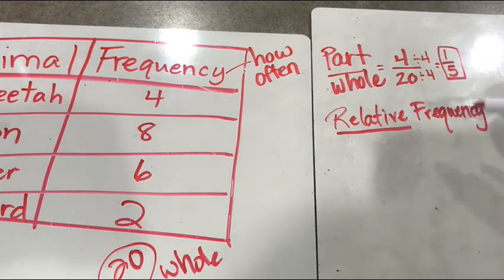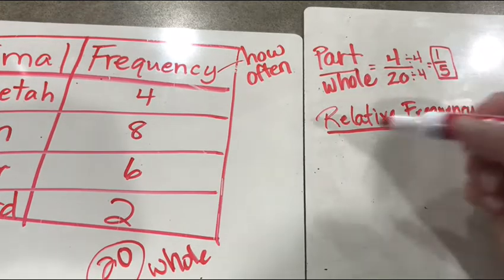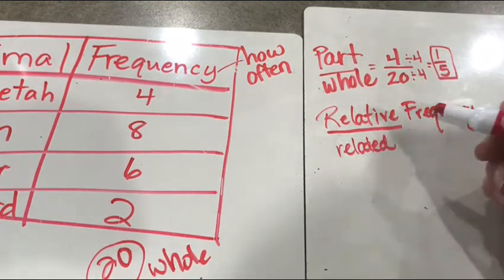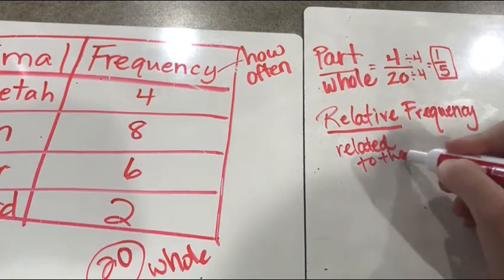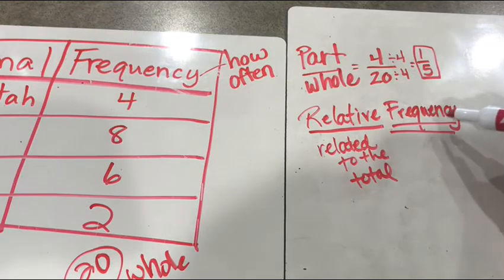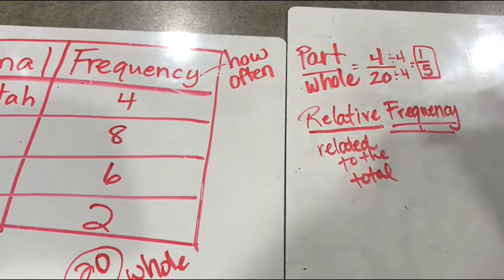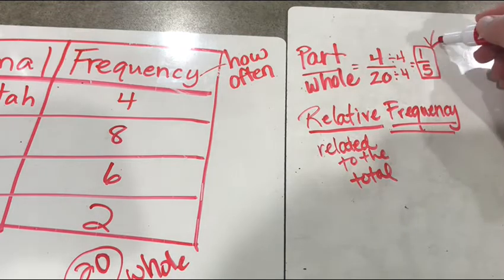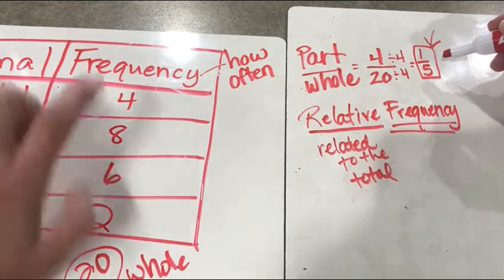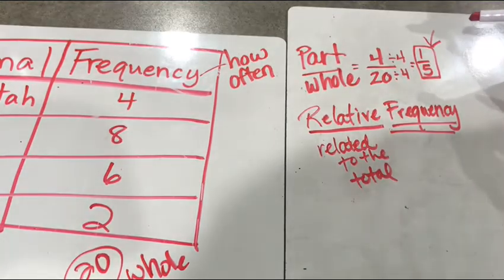But relative frequency, what relative means is it means that it's related, okay? It's related to the total. Okay, so how often does something happen? What is the frequency related to the total? All right, so technically, this right here could be a relative frequency of how many cheetahs in the wildlife reserve.